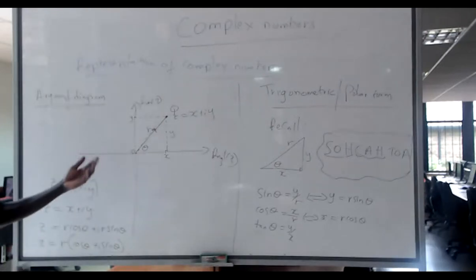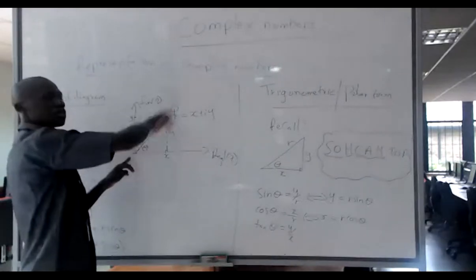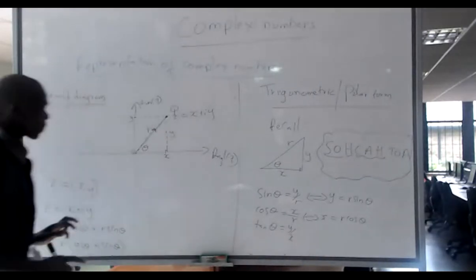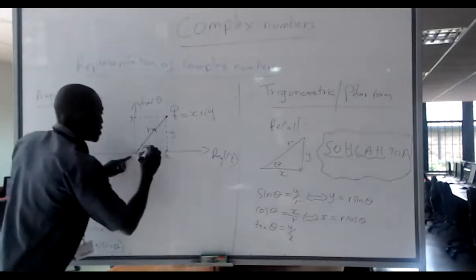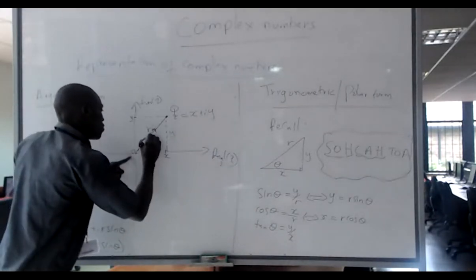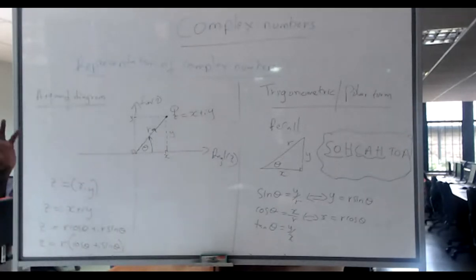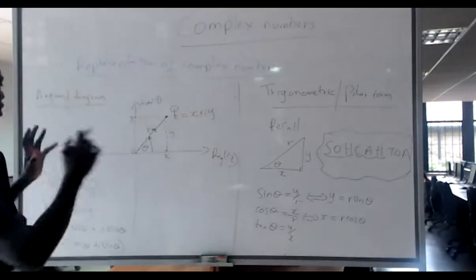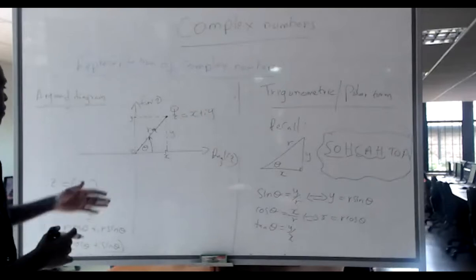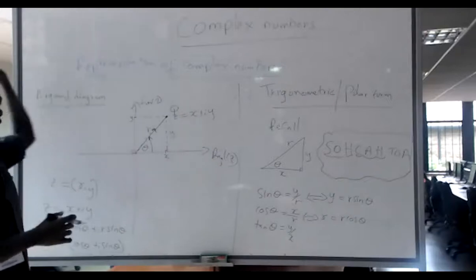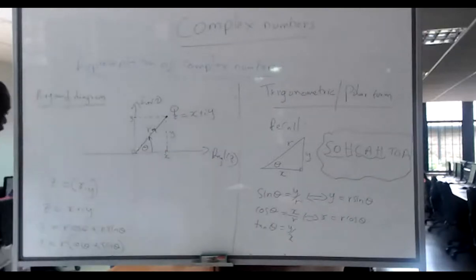I need r, which is this length, it's just the magnitude, or if we are considering this as a vector. And then theta is simply the angle that you will move from the horizontal axis upwards. So remember, we measure angles on the Cartesian plane or the Argand plane, and the anticlockwise is positive. So this is positive. If it was going clockwise, it would be negative.